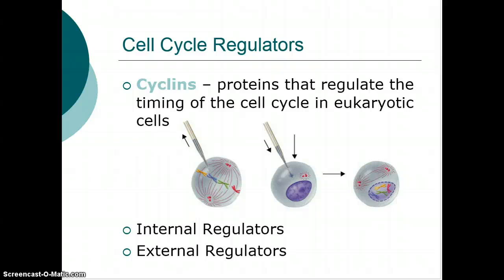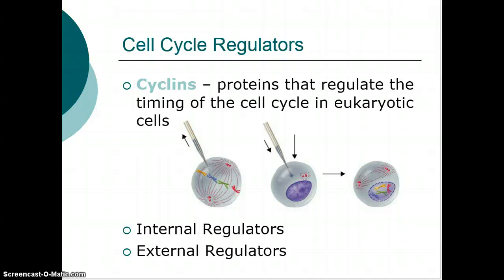Internal cell regulators will prevent the cell from growing and dividing if a step has been missed. For instance, if the chromosomes don't get duplicated, then the internal regulators, the internal cyclins, will prevent the cell from growing and dividing. Whereas external regulators respond to external events to stimulate growth. And these are very important during wound healing.